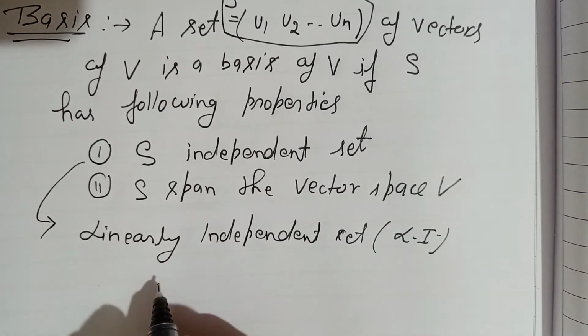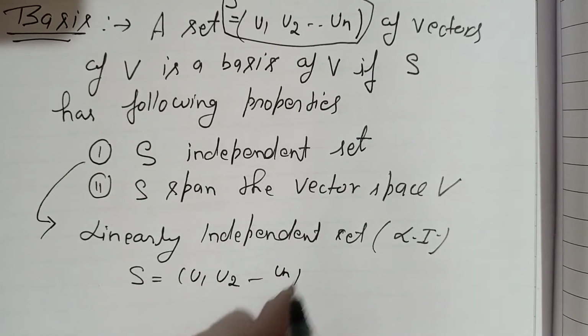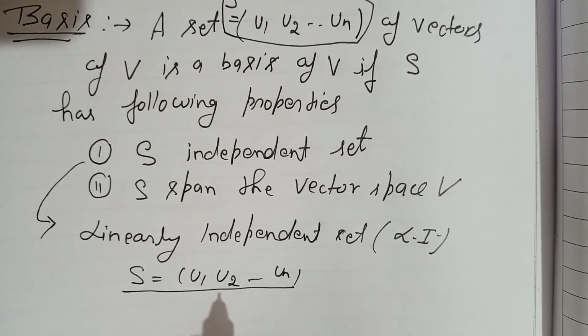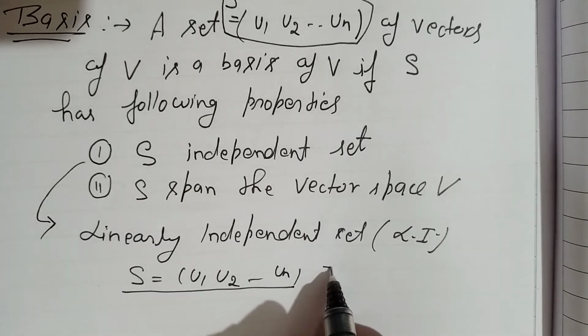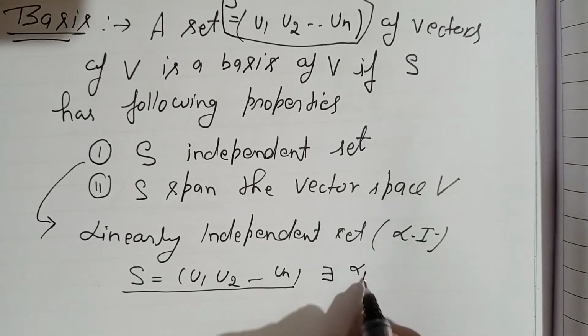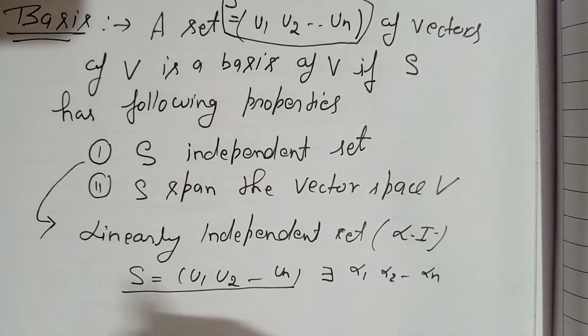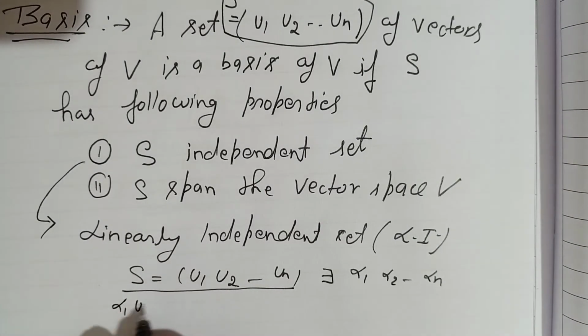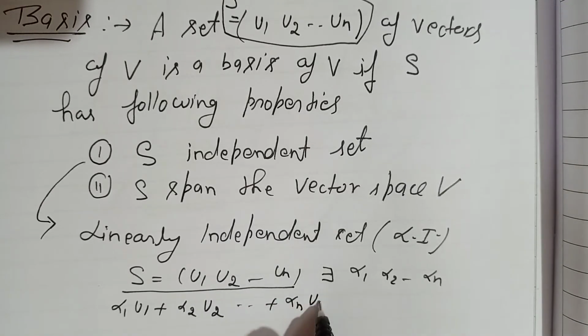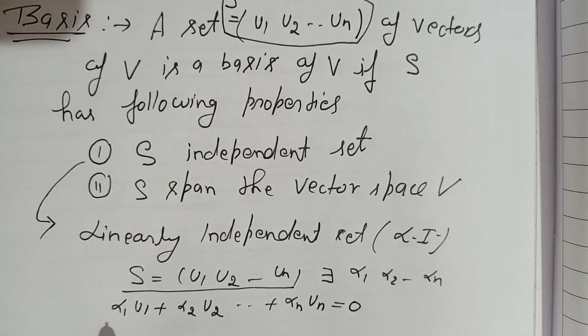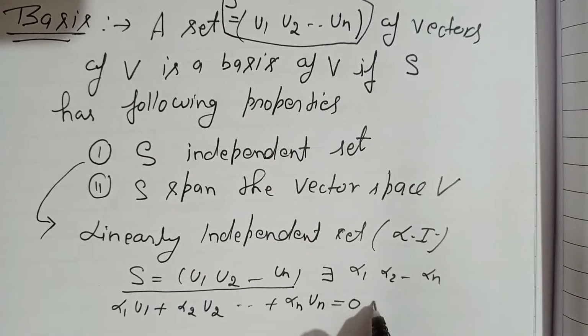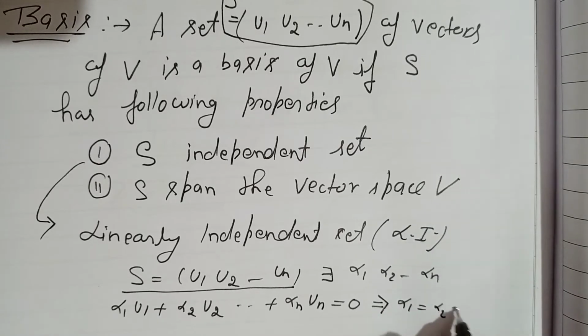Let S equal to u1, u2, ..., un be said to be a linearly independent set if there exist scalars alpha 1, alpha 2, ..., alpha n such that alpha 1 u1 plus alpha 2 u2 plus ... plus alpha n un equals 0, and this implies all the alpha is 0, alpha 1 equal to alpha 2 equal to alpha n equal to 0.